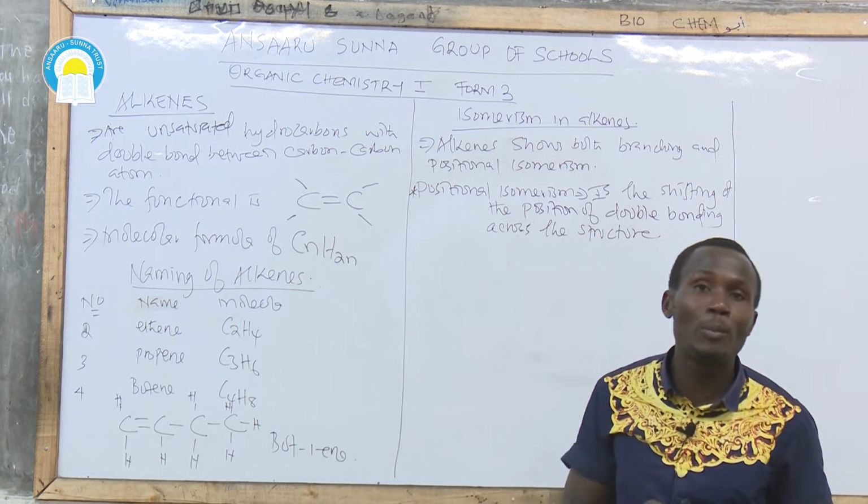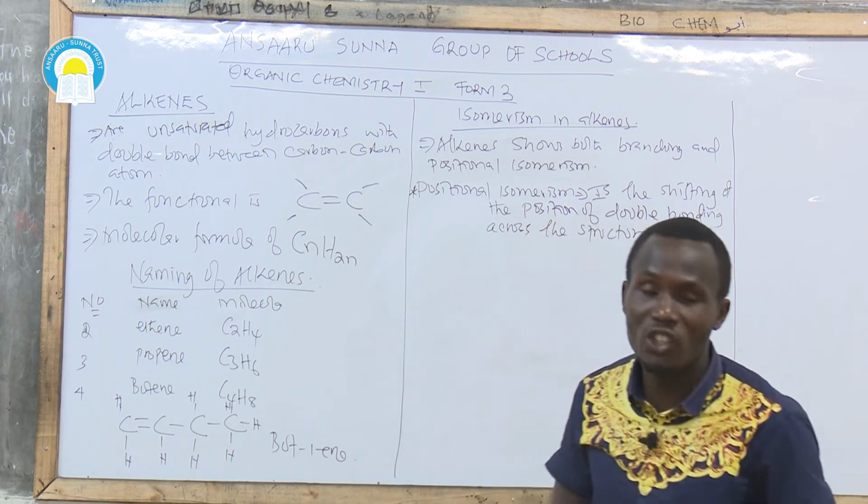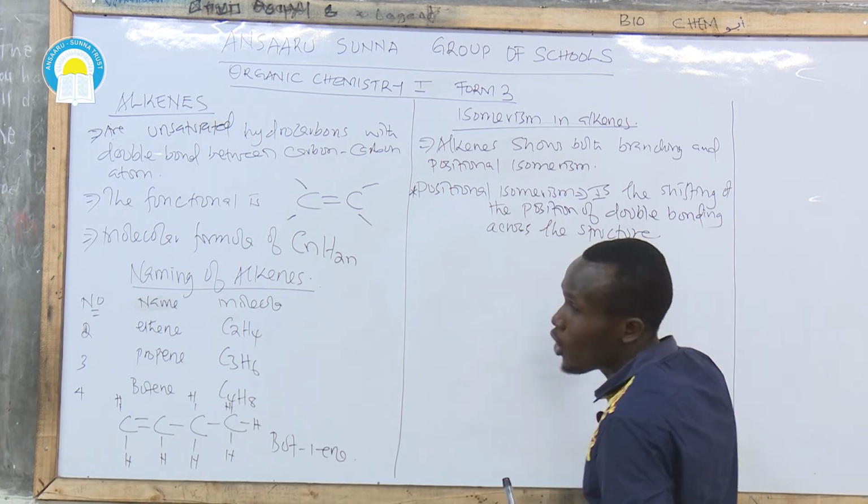So it is the shifting of the position of the double bond across the structure. We call that positional isomerism.